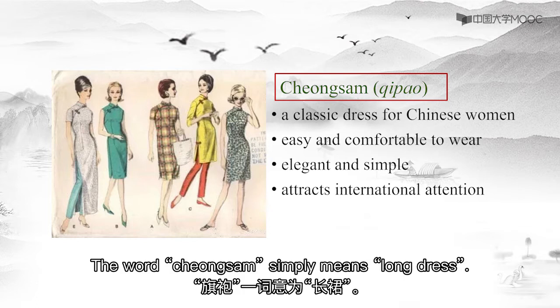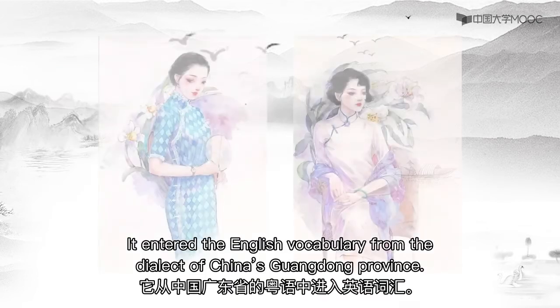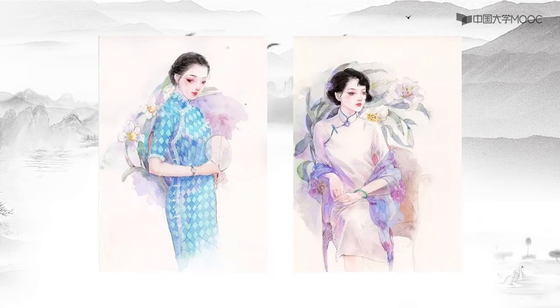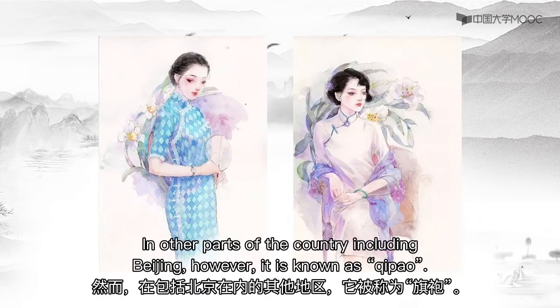The word cheongsam simply means long dress. It entered the English vocabulary from the dialect of China's Guangdong province. In other parts of the country, including Beijing, however, it is known as qipao.